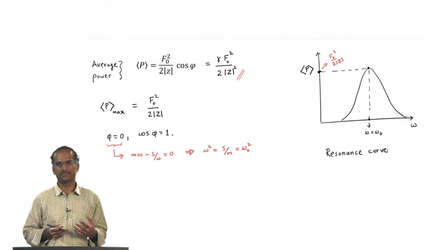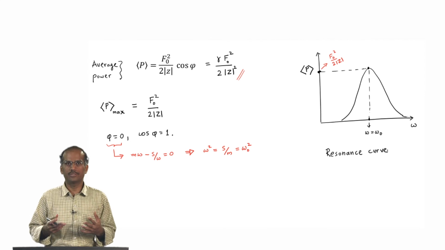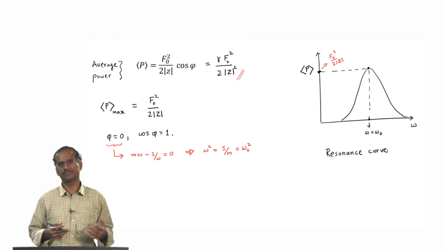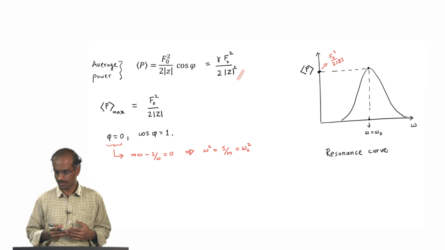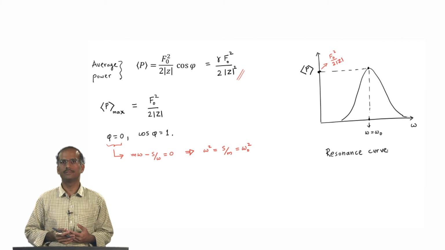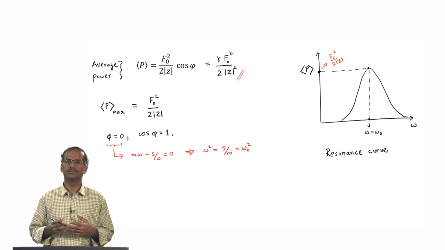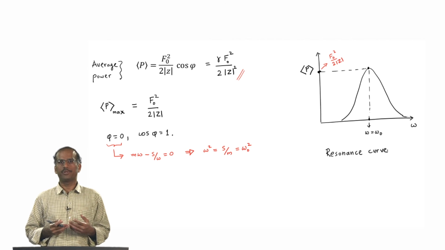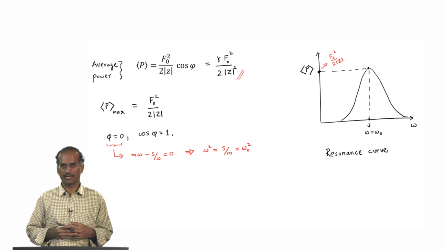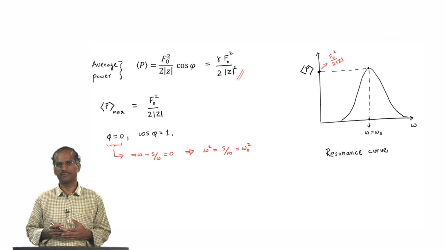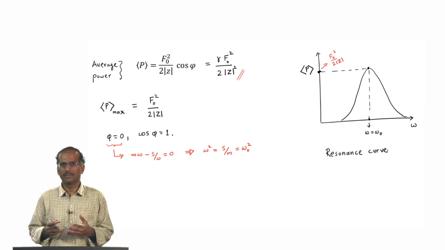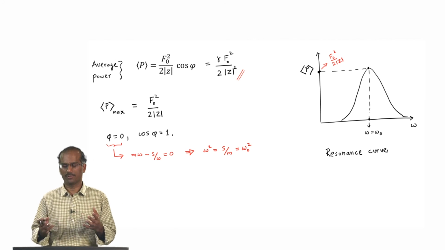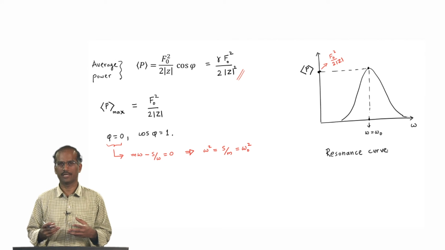of the system, and also it tallies with the earlier resonance idea that we saw, that when you drive it at the natural frequency, the amplitude of velocity is the largest, and the amplitude of displacement is nearly the largest.